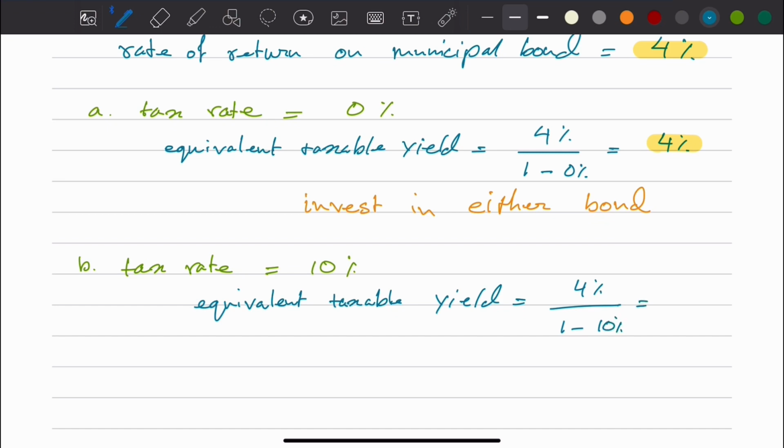Okay, now we're going to have to refer to our calculators. 0.04 divided by, open a bracket, 1 minus 0.10. Close the brackets. And that's going to equal 0.0444, which is equal to 4.44%. Rounded.